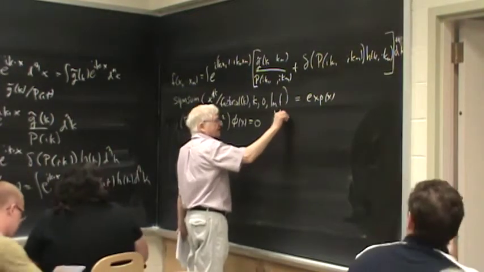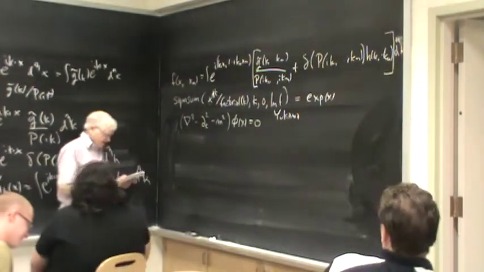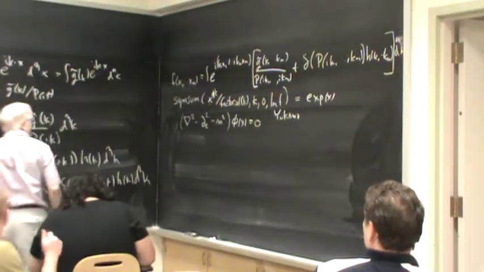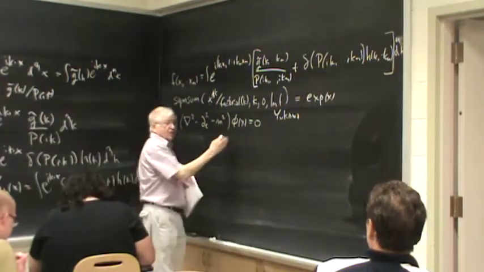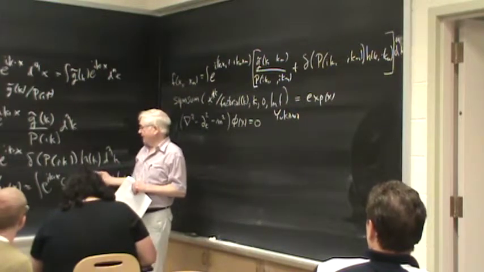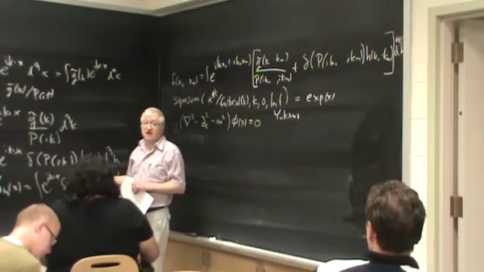So I'll write down Yukawa. Let's use this approach for that. In this case, we have a homogeneous equation, so we don't have any g, we can just throw in an arbitrary function h.